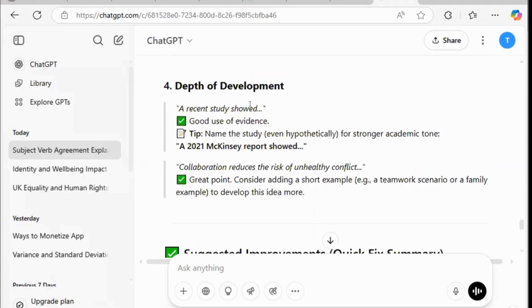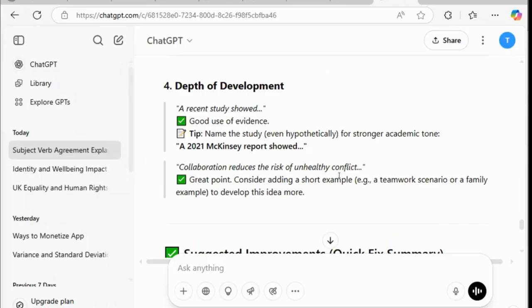Then look at the next one. A recent study showed that, it said, good use of evidence. It said I should name a study, even if hypothetically. A 2021 McKinsey report showed that. So it said I should mention this name. ChatGPT is giving me nice ideas. Very good one. Now, collaboration reduces the risk of unhealthy conflict.